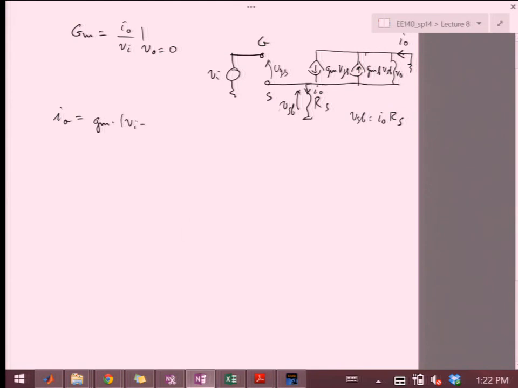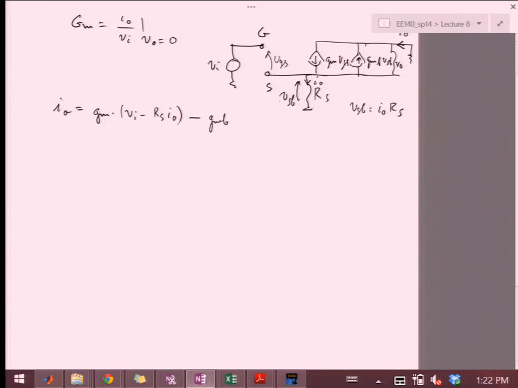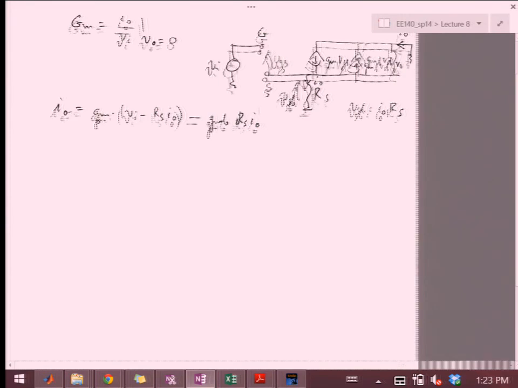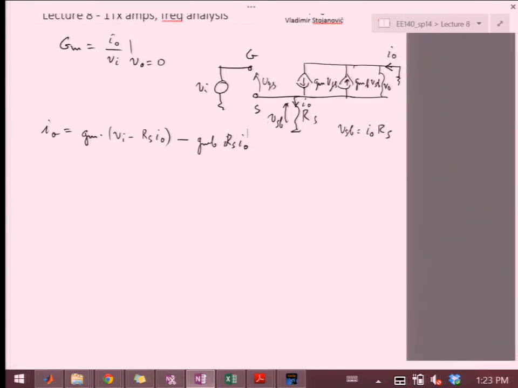It's Vi minus RS Iout. And then I'll write minus gmb RS Iout, which is VSB. That's for this current source. And then I have minus VSB over r0, which is going to be Iout RS over r0.